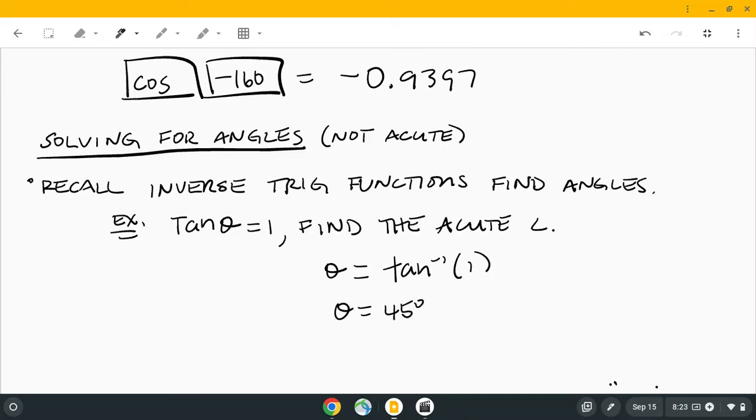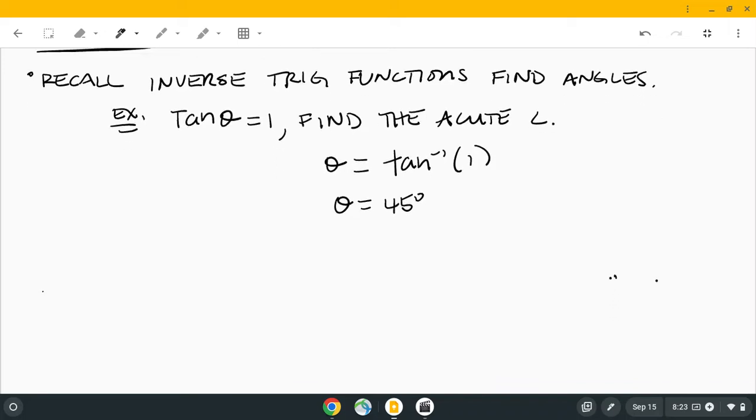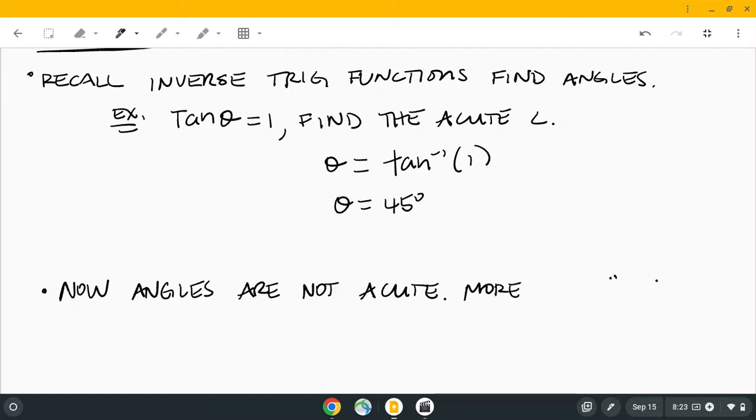Now the angles are not acute, and so we're going to need more clues.